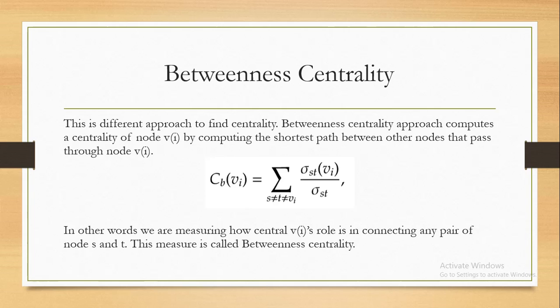Basically, suppose we have a graph. The centrality of a node is decided by how central it is, that is, how many paths from node V1 to V_z pass through that node V. You will better understand this with an example.